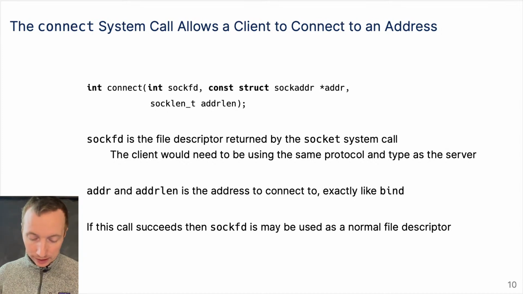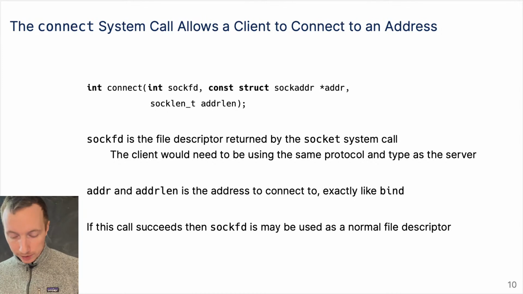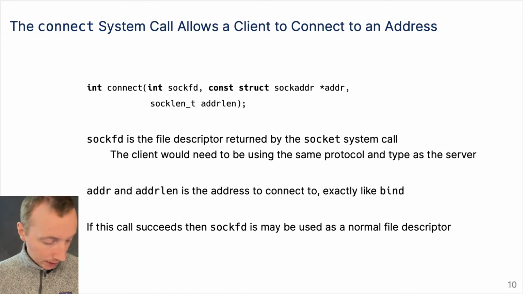And then it's the same address and address length you have to give to it. Again, if this call succeeds, then it returns you a file descriptor, and then you can read and write to it. That forms communication between you and the server.